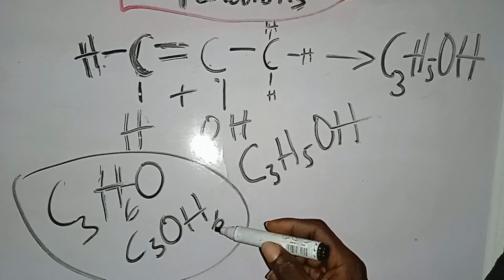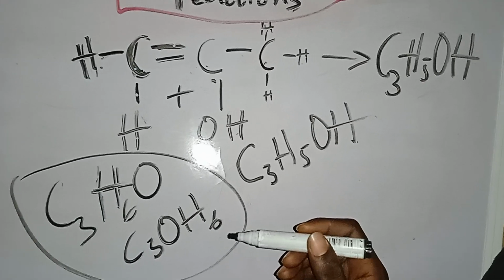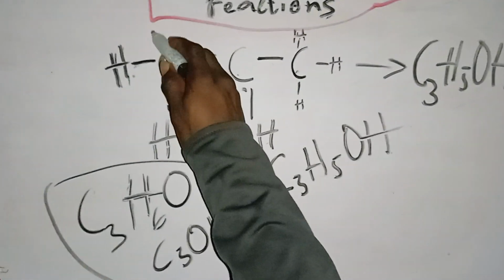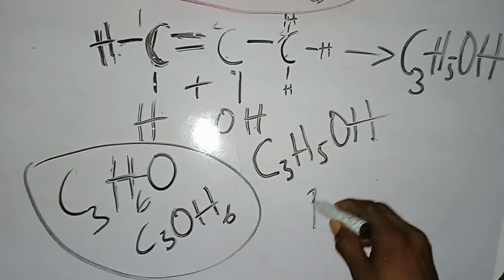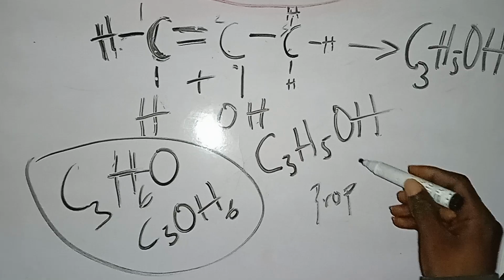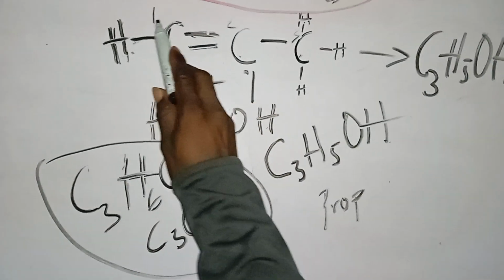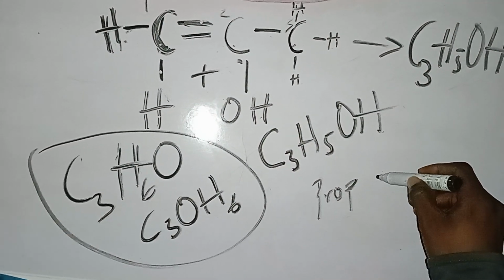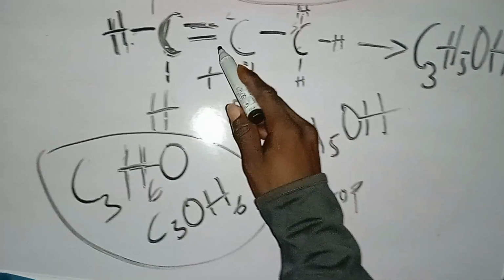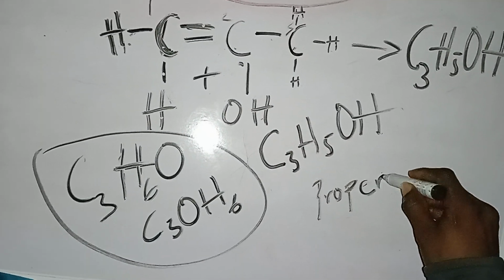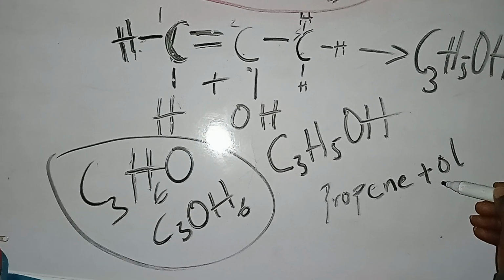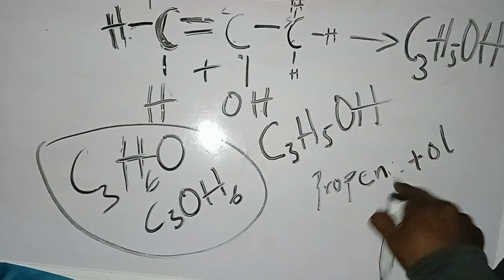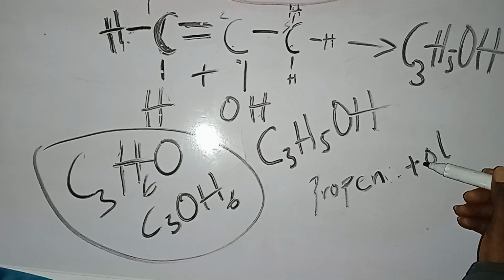So that's it. And in naming, to name this compound, you have 1, 2, 3. First prop. And this is happening at position 1. Prop-1, then this is a double bond, plus OL, so it's a hydroxy group. So you can clean this now. It becomes propanol.